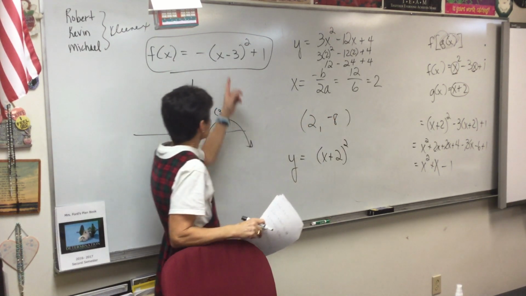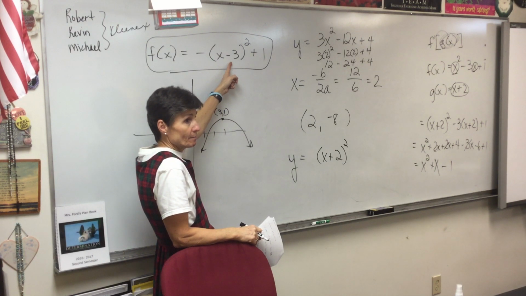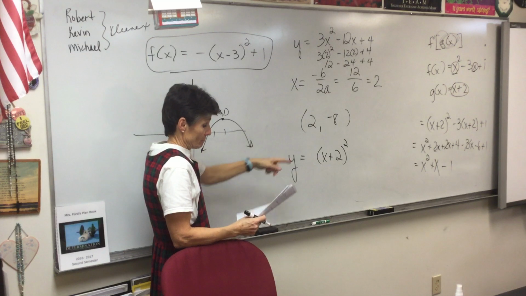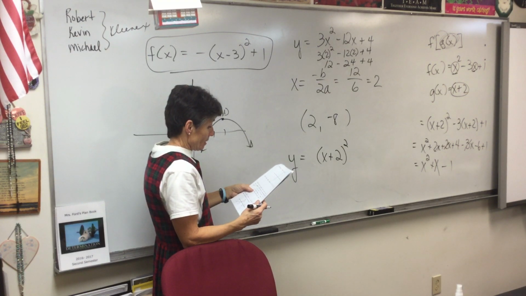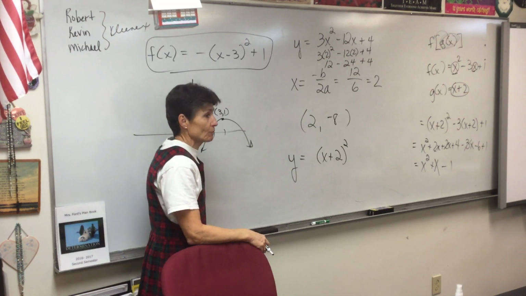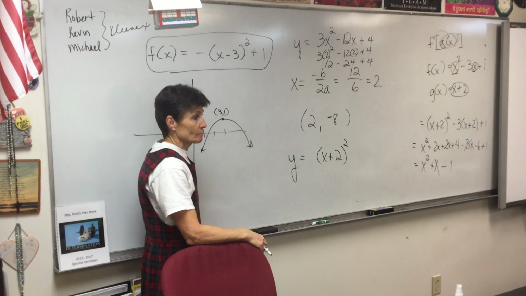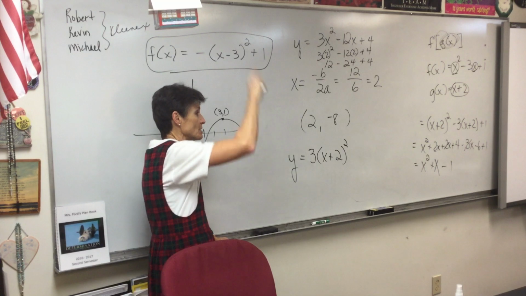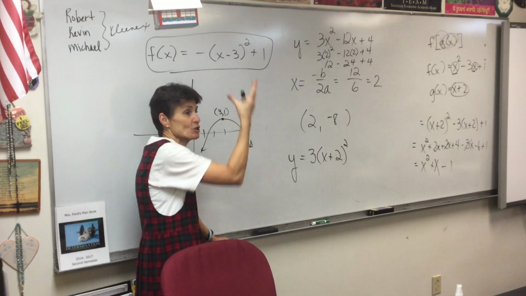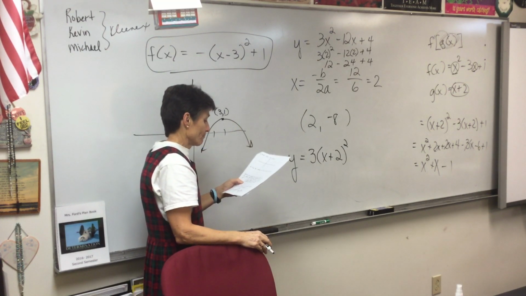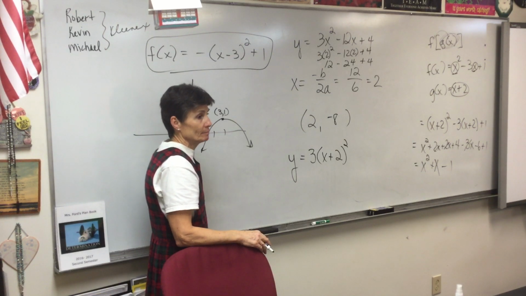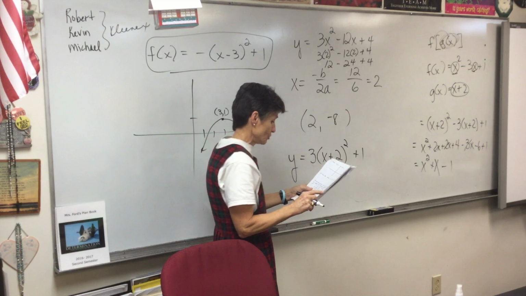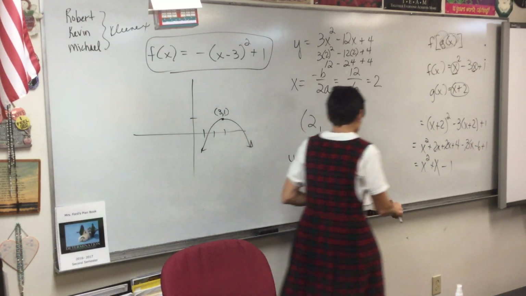So in your parentheses here, like this one went right 3, we're going left 2. A vertical stretch by a factor of 3. Where does that go? 3 in front, right here. That's where the number goes that makes you taller or shorter, stretches you. Vertical shift up 1, plus 1 on the end, right? That takes us 2 left and up 1.